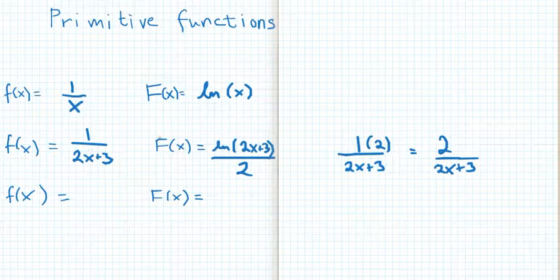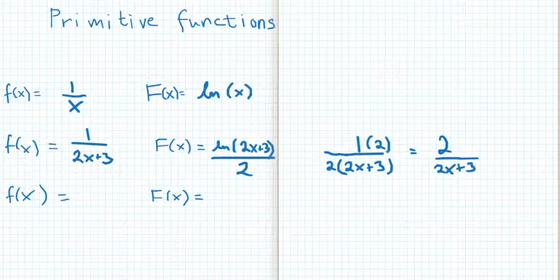Ln of 2x plus 3, over 2. This division by 2 is just going to stay down here. So let's focus on this part: 1 over 2x plus 3, and the 2 just stays here. We do nothing, and then it's going to be times 2 up here.